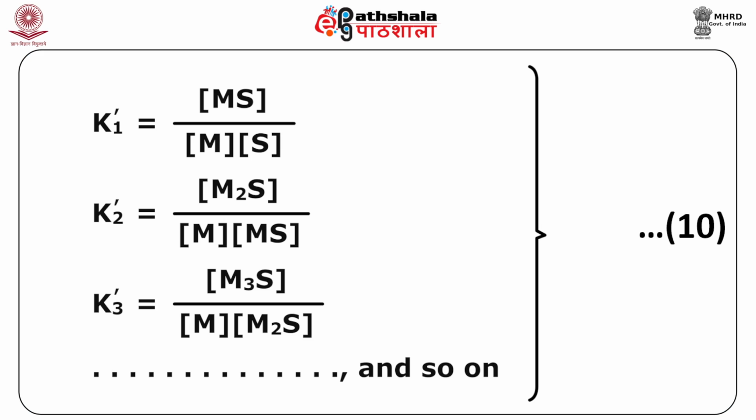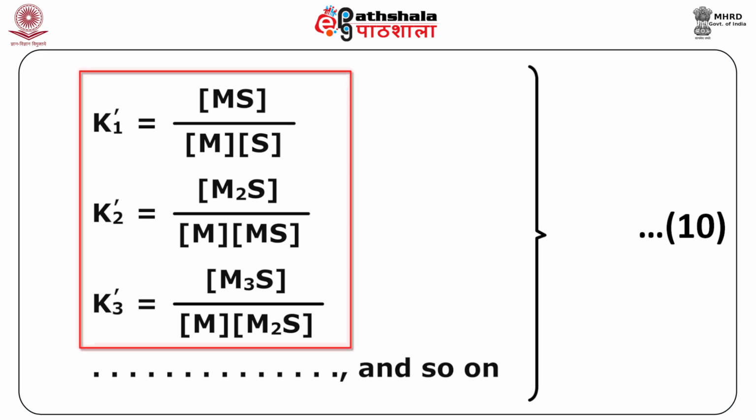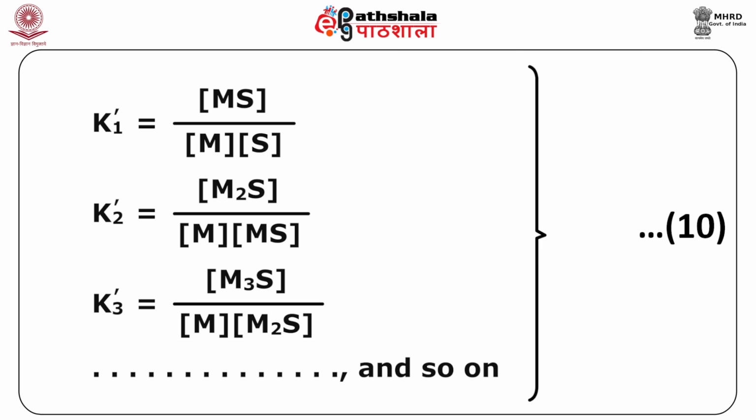The equilibrium constants for the equilibrium reactions can be written as shown by equation 10, as K1 equals MS divided by M into S, K2 equals M2S divided by M into MS, K3 equals M3S divided by M into M2S, and so on.